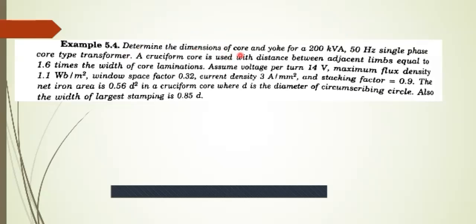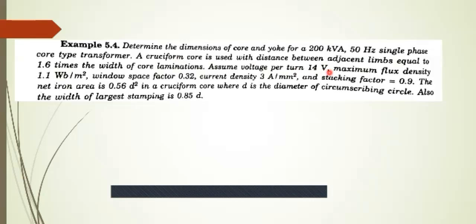Determine the dimension of core and yoke for a 200 kVA 50 Hz single phase core type transformer. A cruciform core is used with distance between adjacent limbs equal to 1.6 times the width of core lamination.